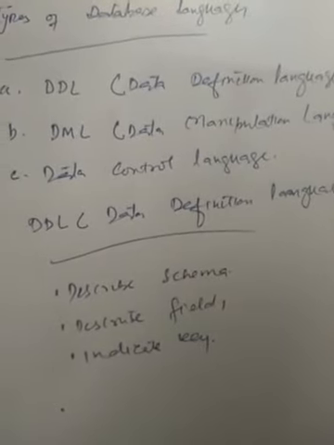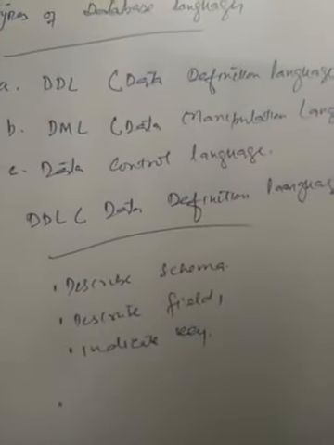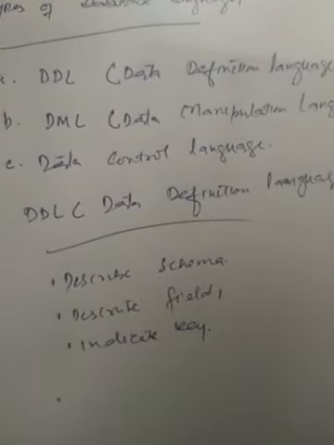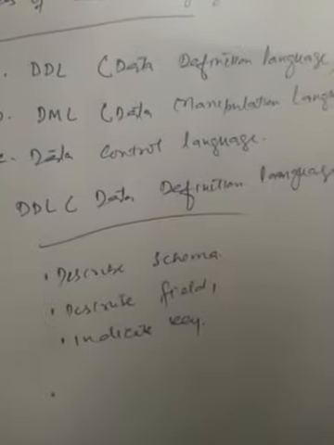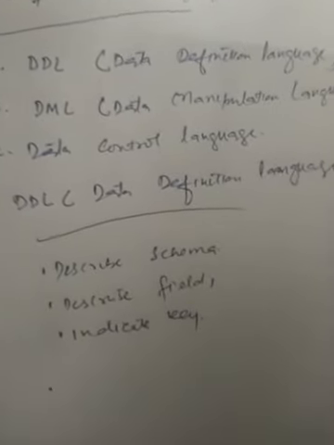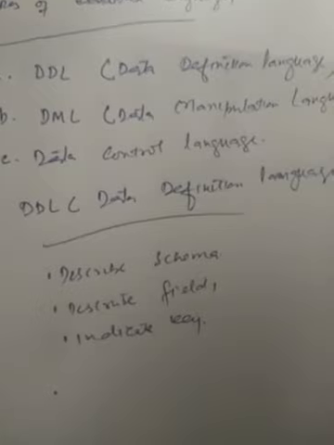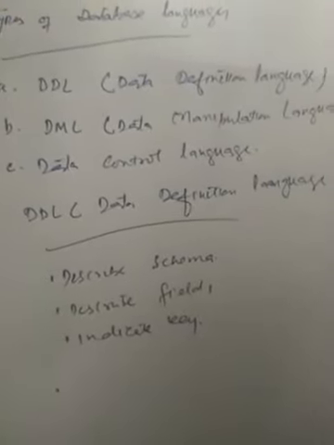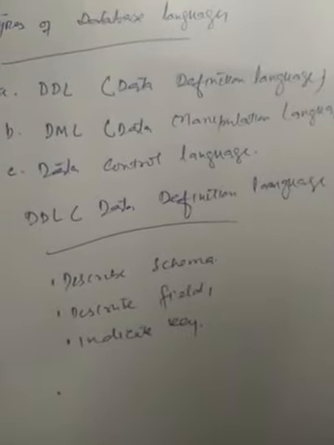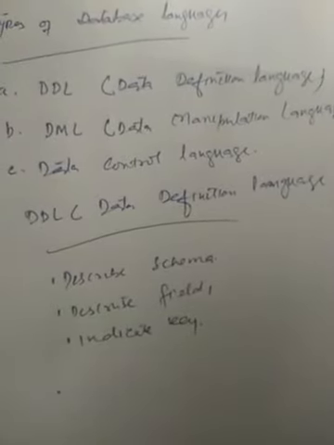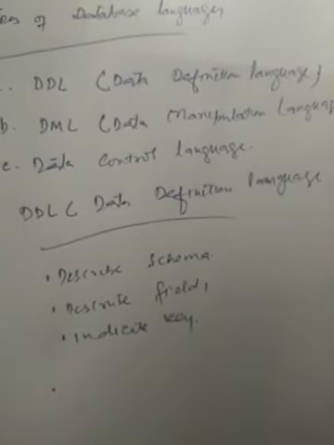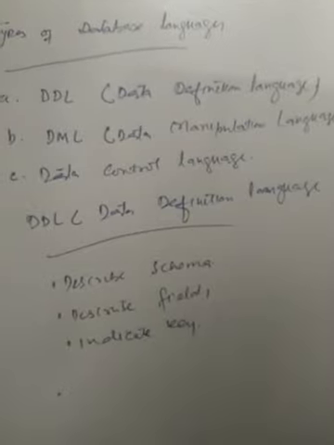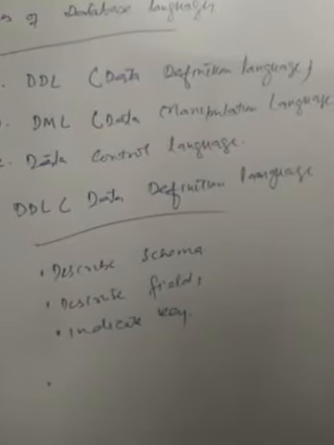These three types of language are used to handle a database: to make it, to manipulate it, and to control it. And these three types of languages have their own SQL commands, which we can use to operate on the database.